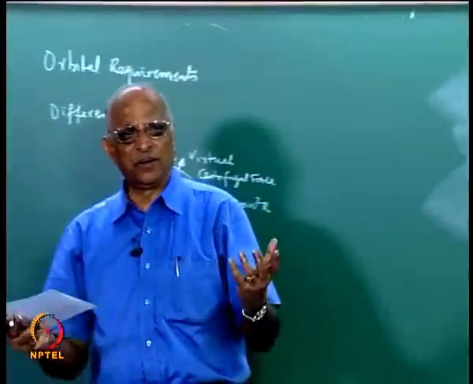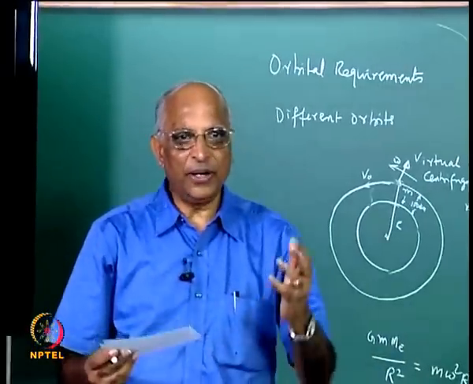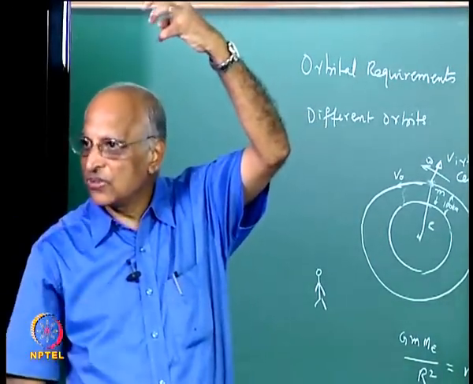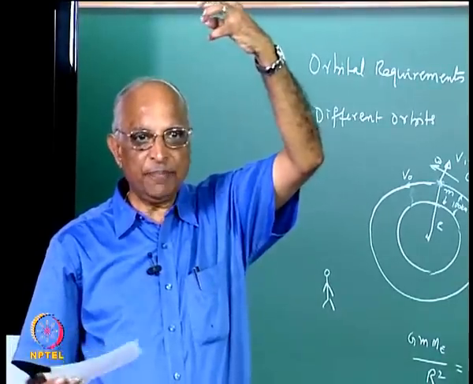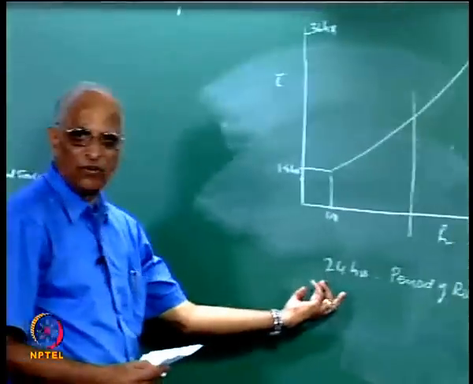How do you define the period of rotation? We define it as when the sun is vertical today and when the sun is vertical the next day, that is the period, and we say it is 1 day or 24 hours.